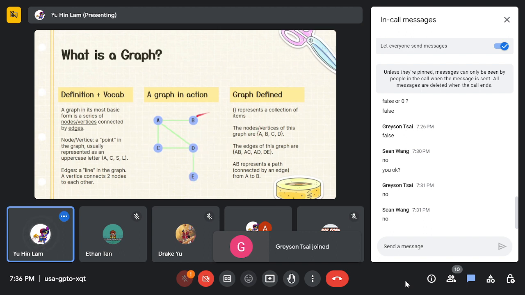We would define these and assign these with curly brackets. Our nodes and vertices we will assign with one letter, our edges we will assign with two letters, and edges are also our path.